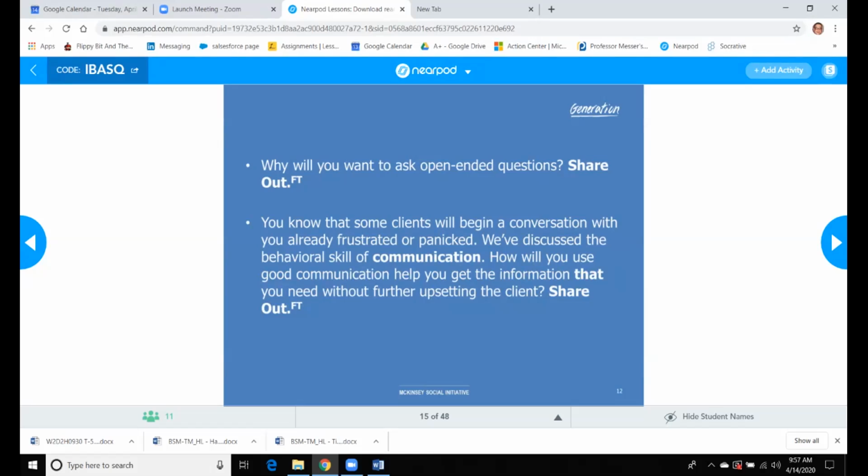Some clients obviously begin their own conversation and they're already panicking. So as we discussed, with the behavioral skill of communication, we need to hopefully remain calm. Sometimes we have to be empathetic with them, right? And work with the upset customer first before we get to the problem.